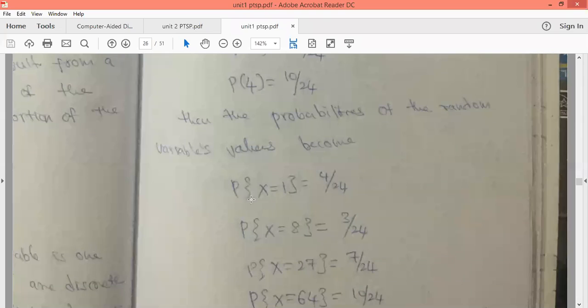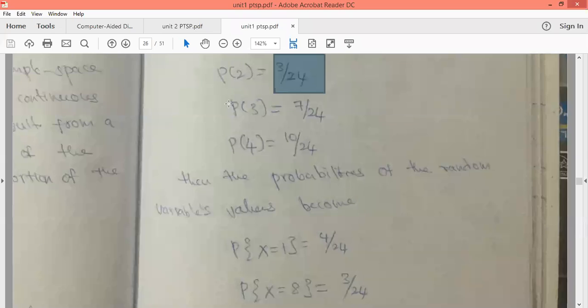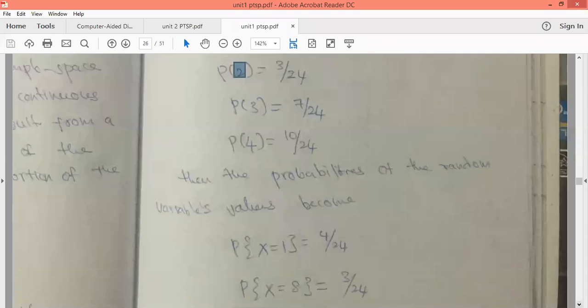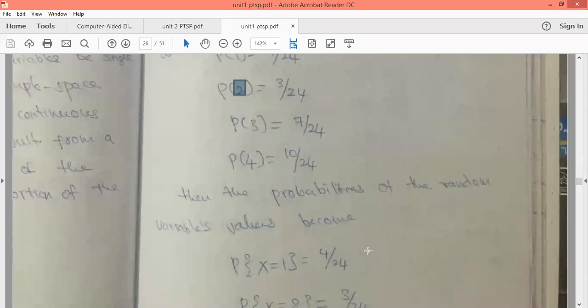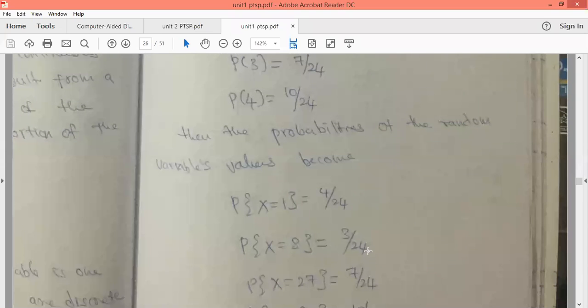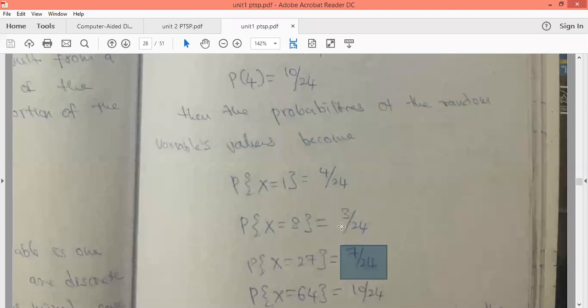The probability of the random variable being equal to 1: from 1 only we got 1, no? So the probability we have for 1 is the same here. The probability for 2 is assigned to 8, so it is 3/24. The probability of 3 is 7/24, and the probability of X equal to 27 will be the same.